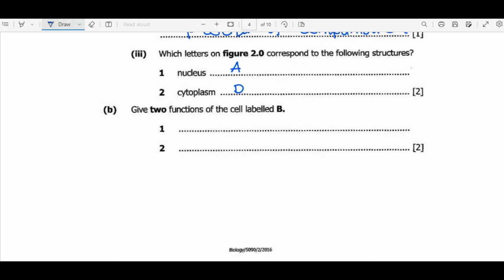So say the first one, to provide energy for translocation. Then the second function that we can give is to support the sieve elements.